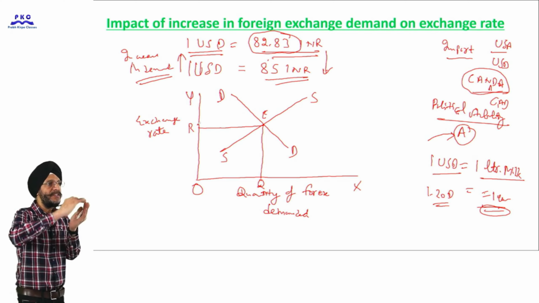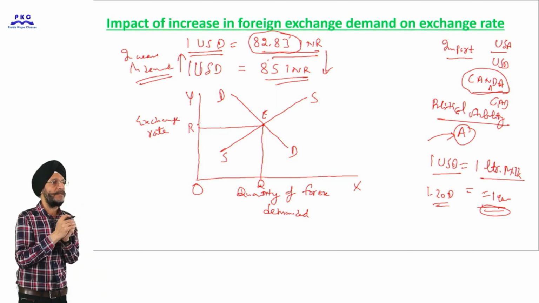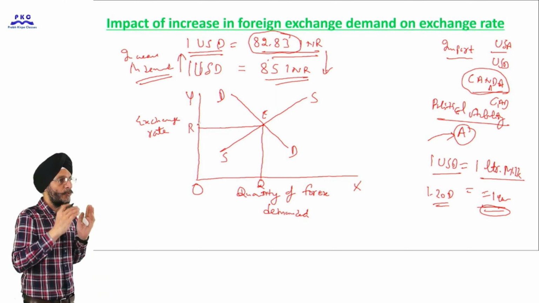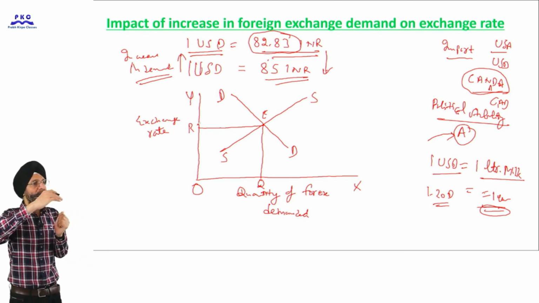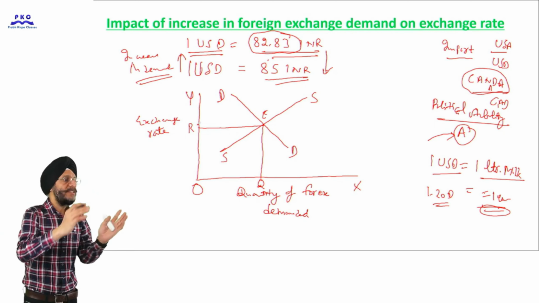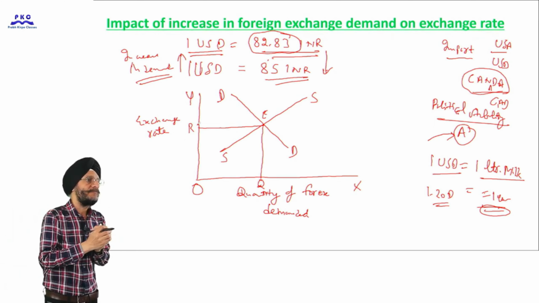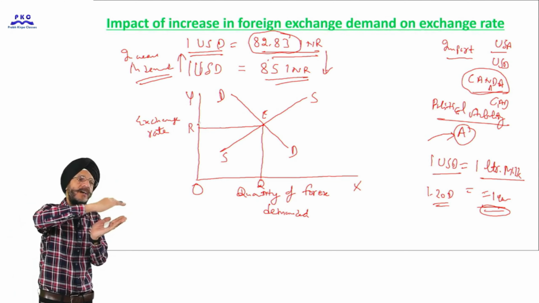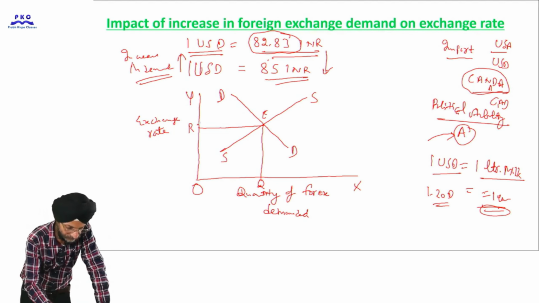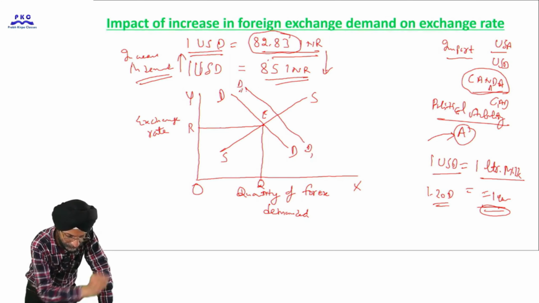So when there is increase in demand, what will happen? Increase in foreign exchange demand. Suppose we are from India, and as the transactions are taking place all over the world, if we say that there is increase in demand for US dollars all over the world, what will happen? The demand curve will shift upward.